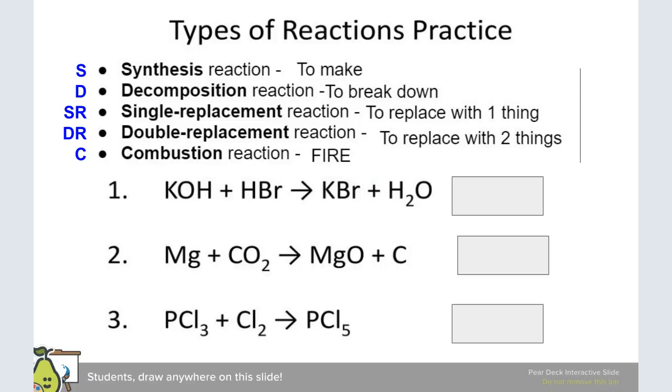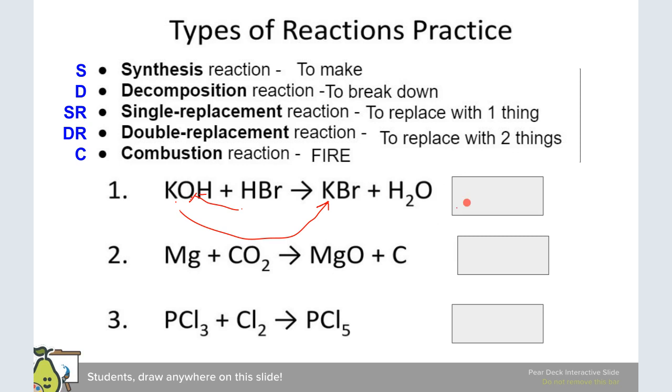Type of reaction. Okay, so if you look at this, KOH and HBr. All right, so the K kicks out the H in the Br, and the H goes with the OH. So this would be a double replacement. So compound and compound.